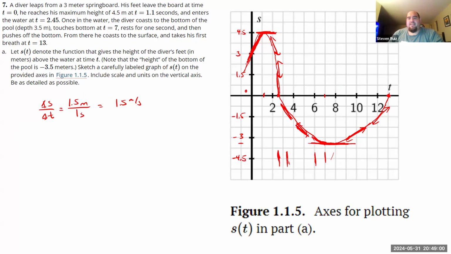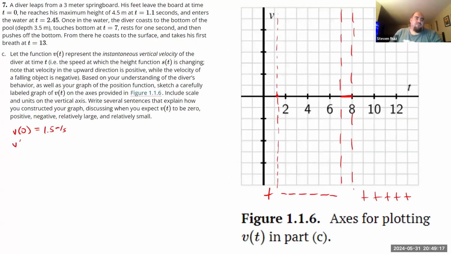I believe I can say something similar for what's happening as his velocity starts to decrease, and he starts to head towards the surface of the water. So from there, he hits the surface of the water at 2.45 seconds. I'm going to estimate an instantaneous velocity of -1.5. From those, I'm going to build out my scale. So I know my velocity is going to be measured in units of meters per second.